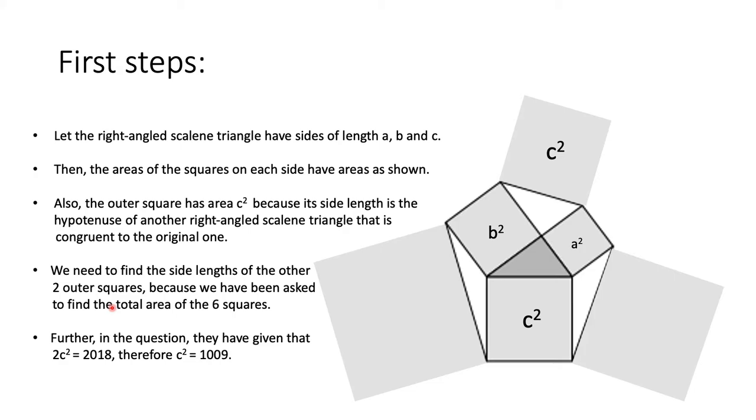And we need to find the side lengths of the other 2 outer squares. So these 2. Because we have been asked to find the total area of the 6 squares. Further, in the question, they have given that 2C squared is 2018. Therefore, C squared is 1009, because these 2 are the 2 squares with the same area. So now we basically have C as the square root of 1009.